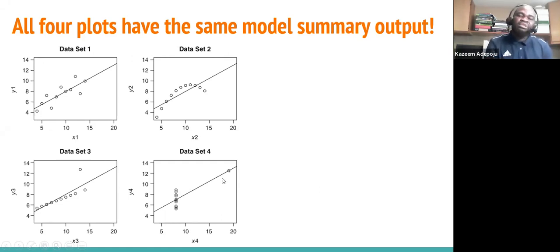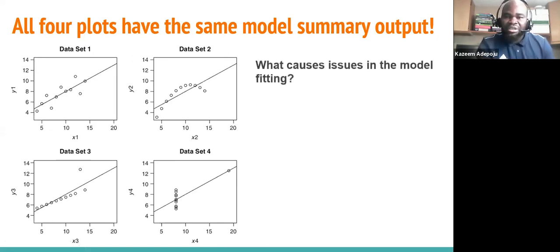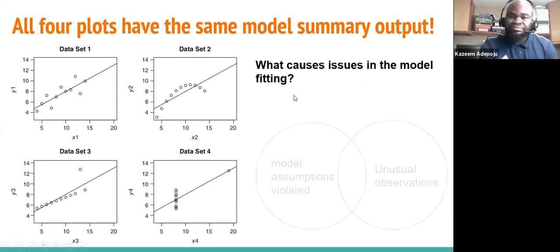There's a difference between having an outlier and having a leverage point. Despite the fact that it falls on a straight line, it is far away from the others. We can investigate this data point for high leverage, and that is what causes issues in the model fitting.